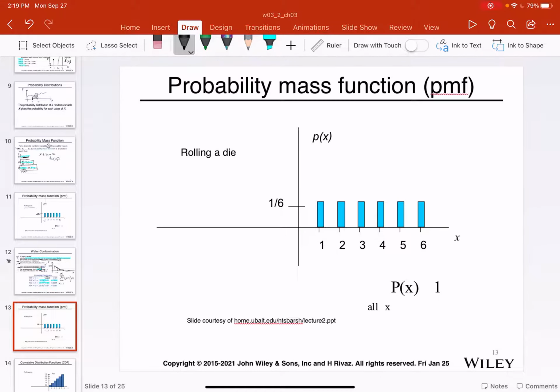Okay, so now let's introduce another concept. The concept that we saw already is the PMF, probability mass function. In the next chapter, we introduce another concept. Here our X is discrete. If X is continuous, the other concept is called the probability distribution function, PDF.